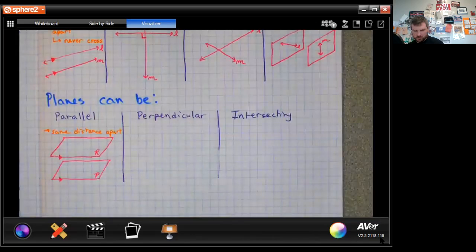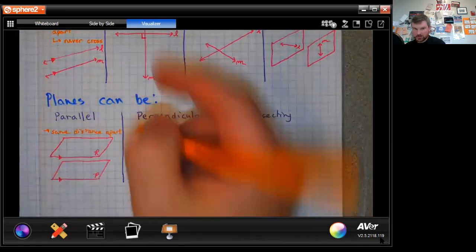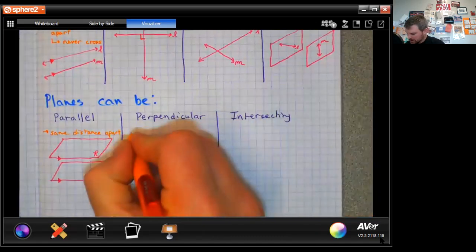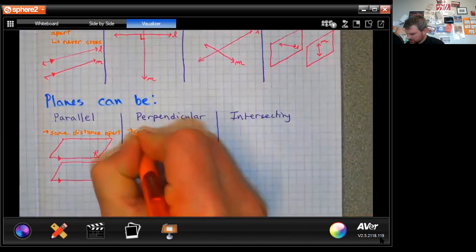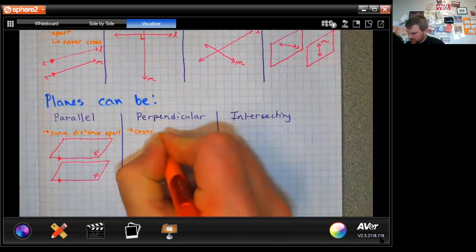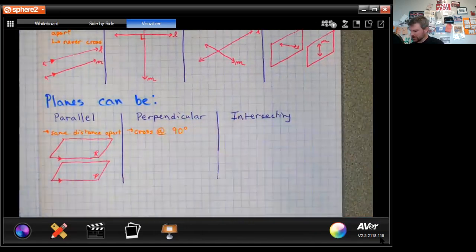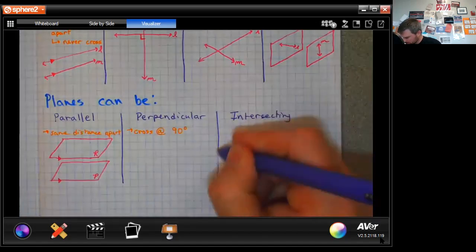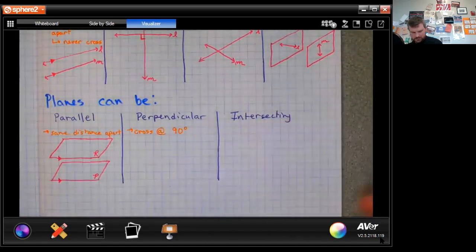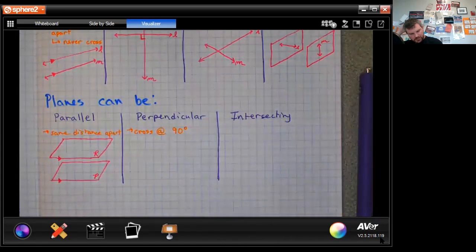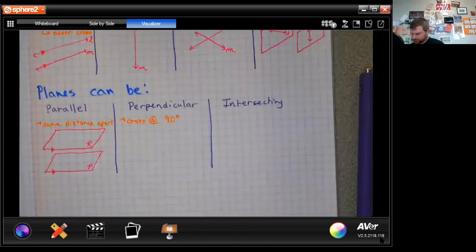Okay, so perpendicular, same as perpendicular lines, is that they cross at 90 degrees. Okay, now this one is tricky to draw. It is very, very tricky. So I'm going to try to teach you a little shortcut.